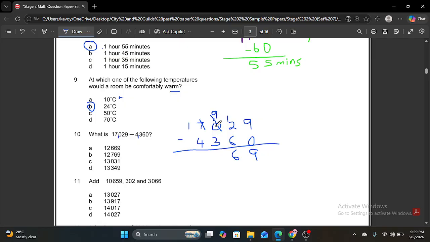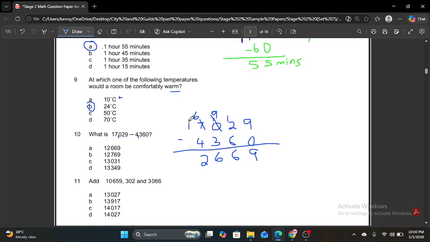So 3 from 9, that would be left with 6. After we take 1 from 7, you'll be left with 6 right here. So if you take away 4 from 6, you'll be left with 2.